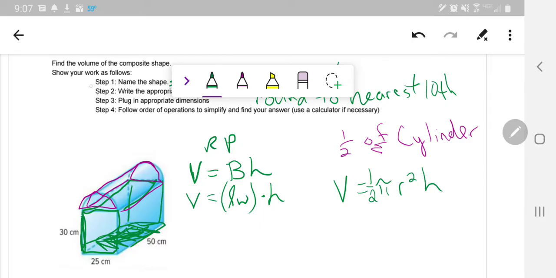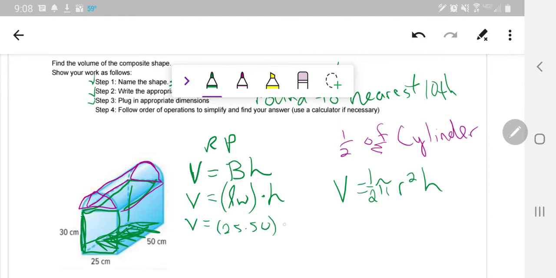Now we did step 1, we did step 2, we're going to go on to step 3. Plug in the appropriate dimensions. For this rectangular prism, I'm looking at the area of the base, which would be the bottom shaded green rectangle down there, and that would be 25 times 50.